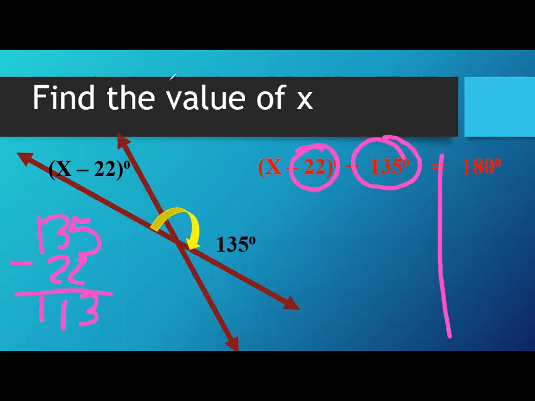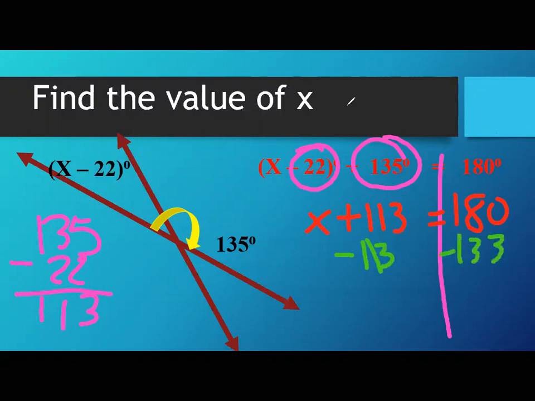So I end up having here x plus 113 equals 180. How can I solve this one? You can read it as some number plus 113 equals 180. Again, we're going to use inverse operation.